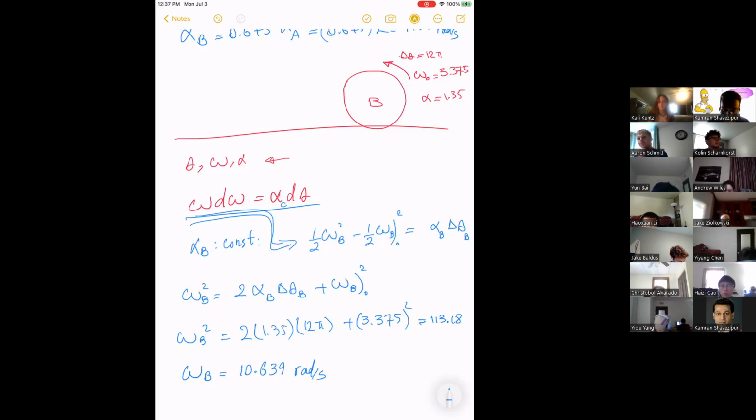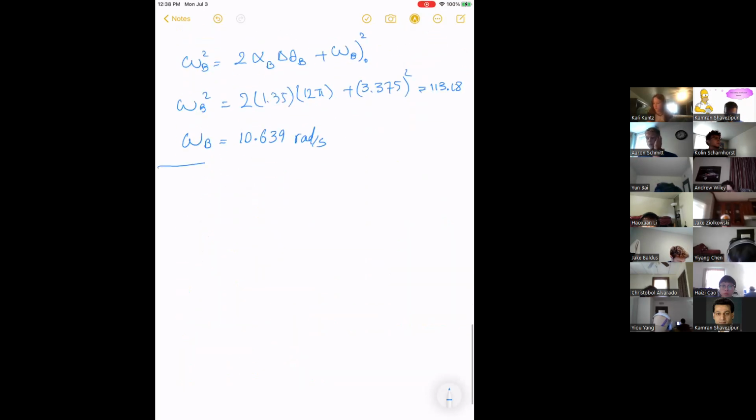So remember, when you have a chain of rotating objects, you could have belt and pulleys like this. You could have a chain and a sprocket like your bike, or you can have a set of gears, right? There's always the change of omegas.